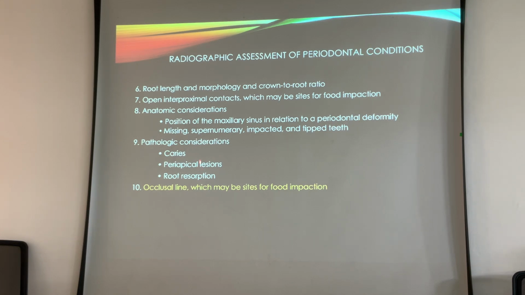And then the occlusal line, which may be a site for food impaction. So sometimes if on the radiograph you can see the occlusal line is not good, you can suspect maybe there's food impaction.